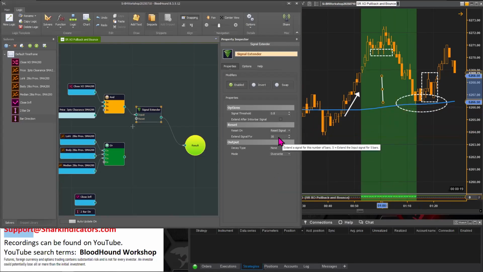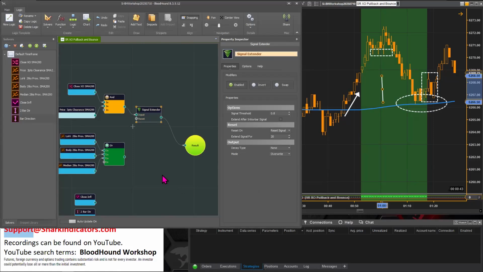So in this case, we needed 16 bars here. So again, this number you'll have to adjust depending on how large this price crossover and pullback might be. So I guess just in case, I'll increase this to 20 here and call that good.